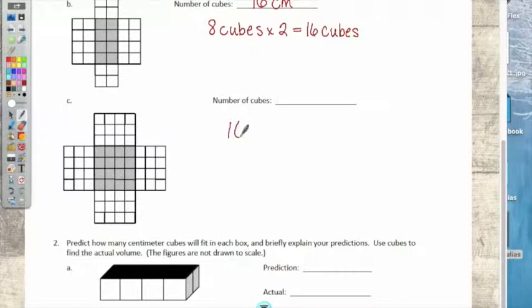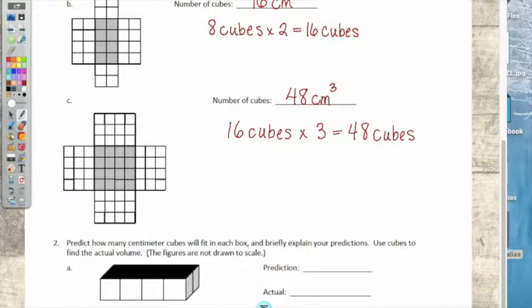So 16 cubes times 3 equals, do you remember what that was? 48 cubes. Very good. So 48 cubic centimeters. Okay, so those of you who are writing all that, thank you. Those of you who are playing with your shapes and all that, stop.